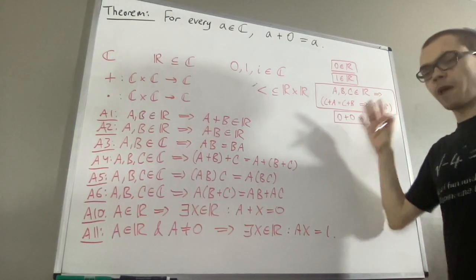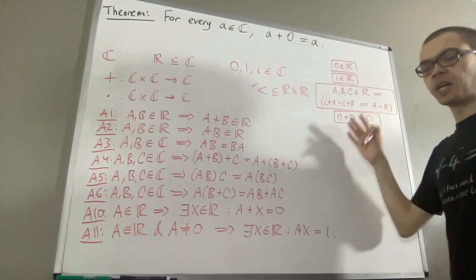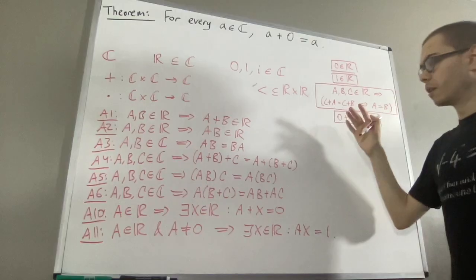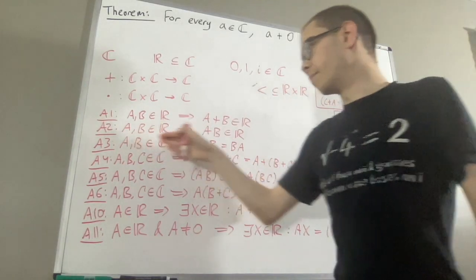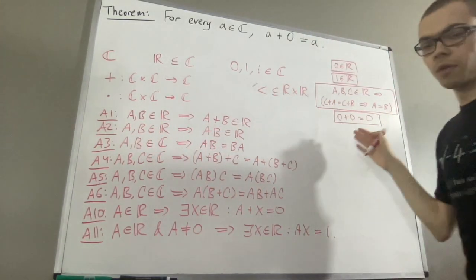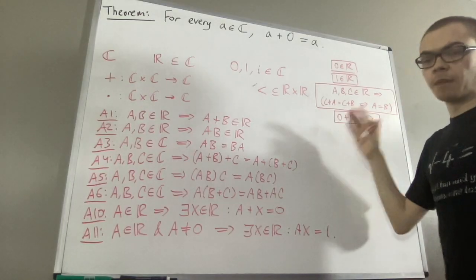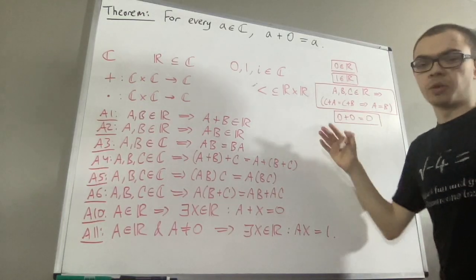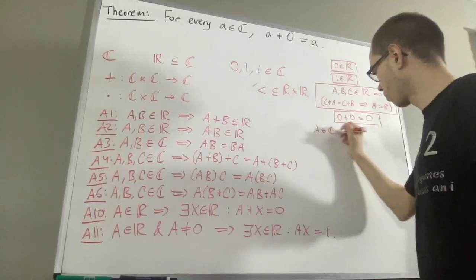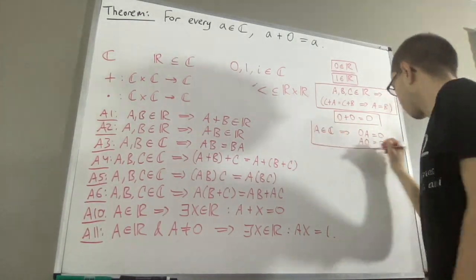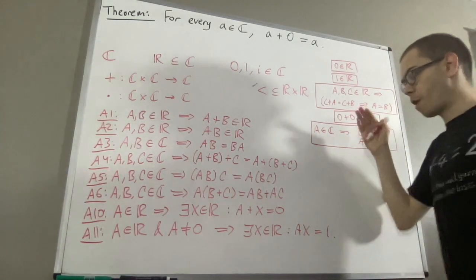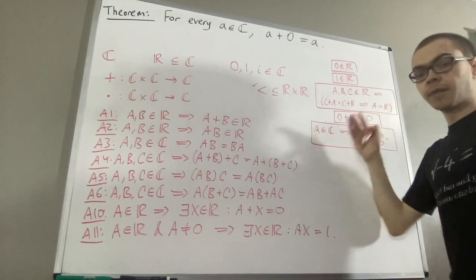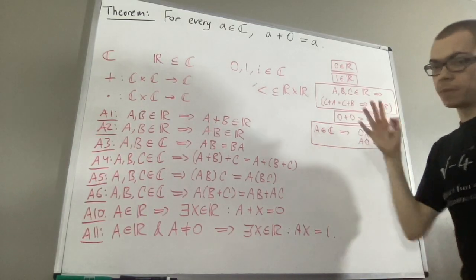We've also proven for every complex number a, 0 times a is equal to 0. Since multiplication is commutative, we could flip that around. So we also have, for every complex number a, a times 0 is equal to 0. We've also proven for every complex number a, a times 1 is equal to a. And we could flip that around as well.